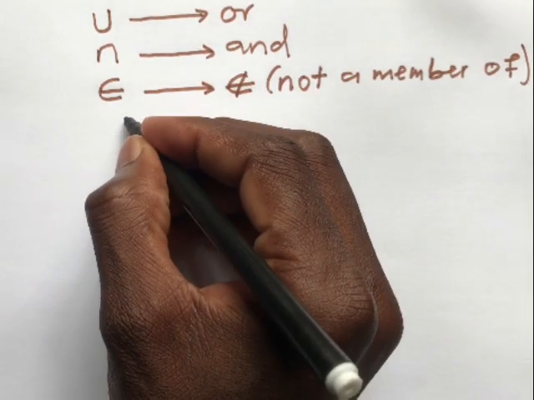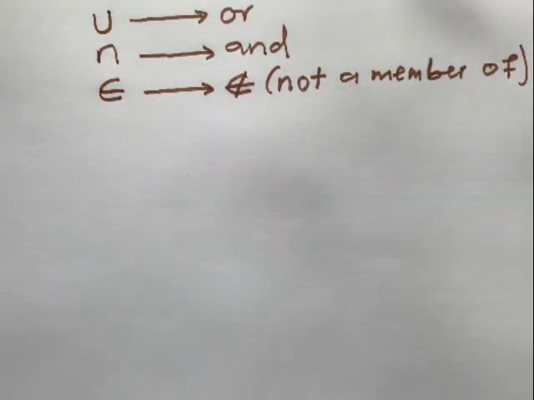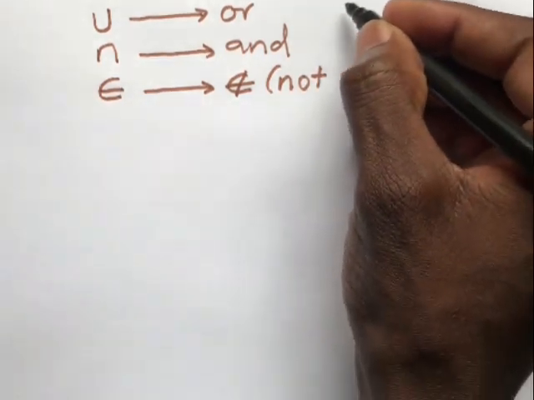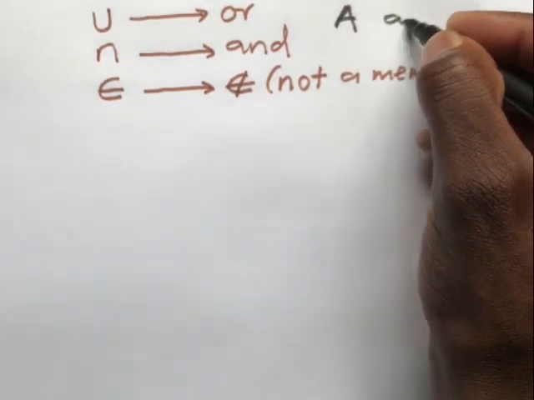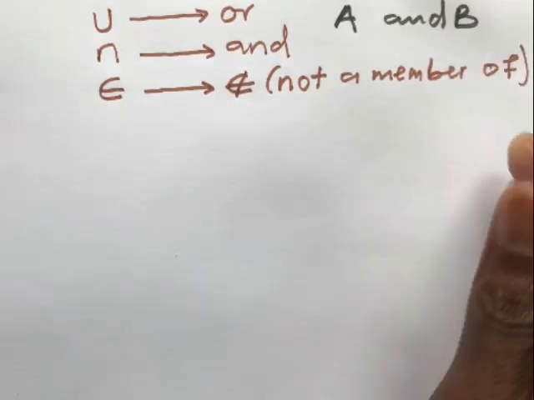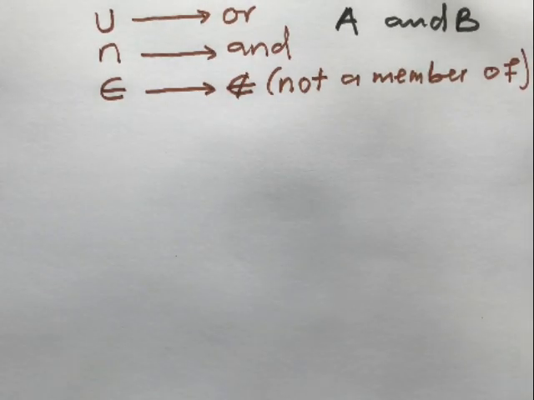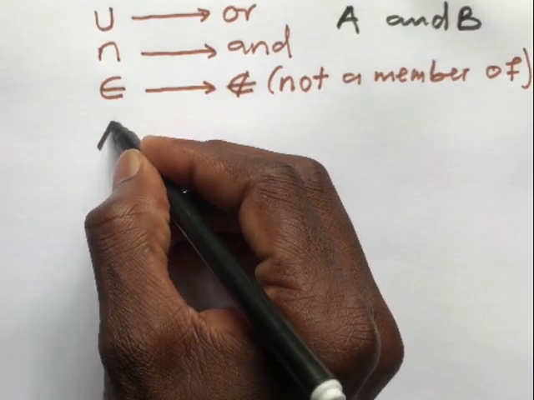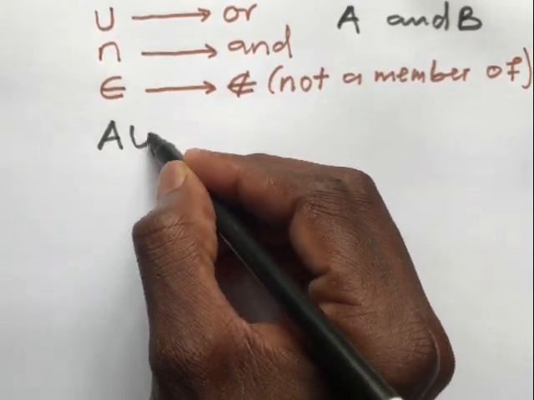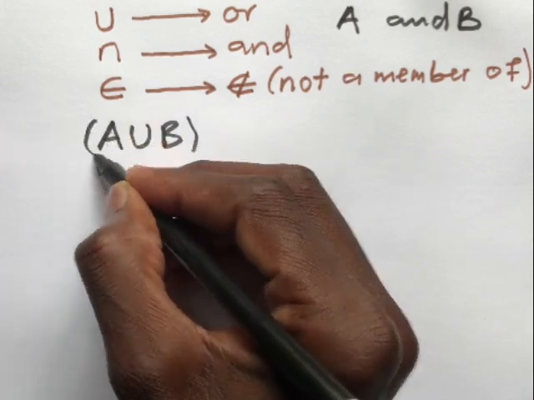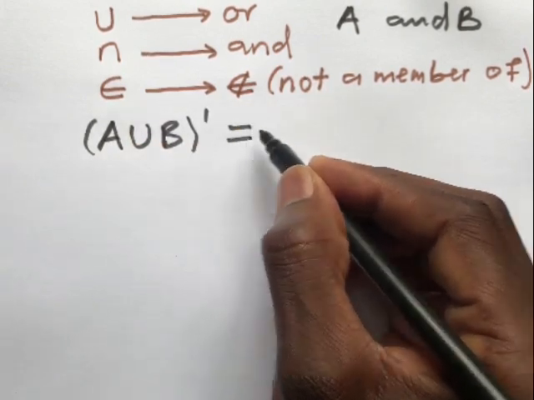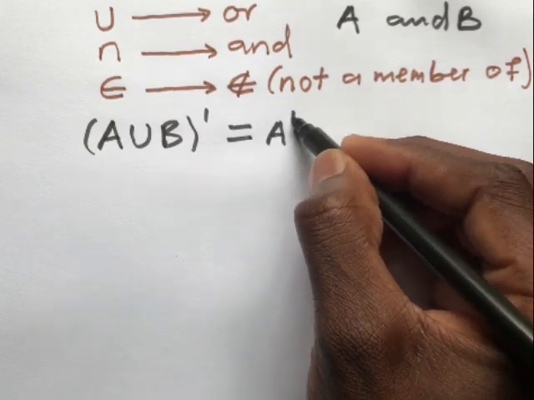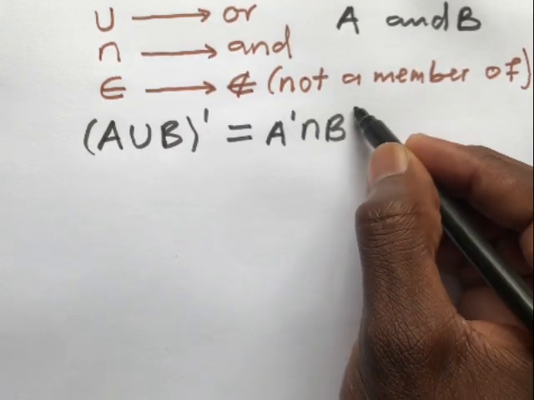Suppose you've been given two different sets, let's say set A and B. If you want to express these two sets using De Morgan's law, we are going to have A union B, complement outside, equal to A complement intersection B complement.